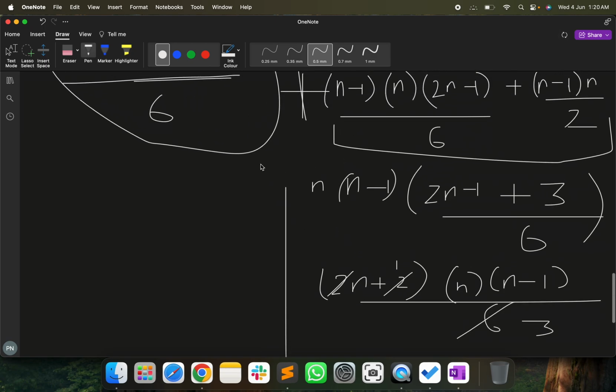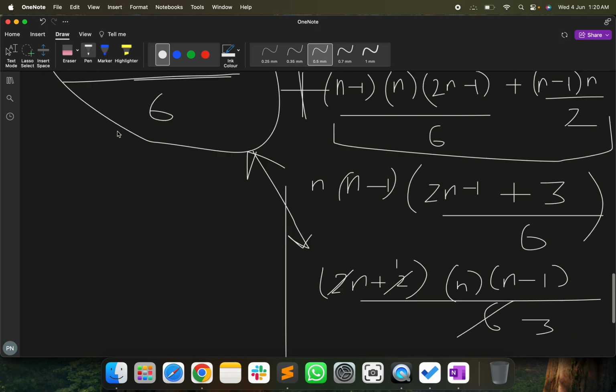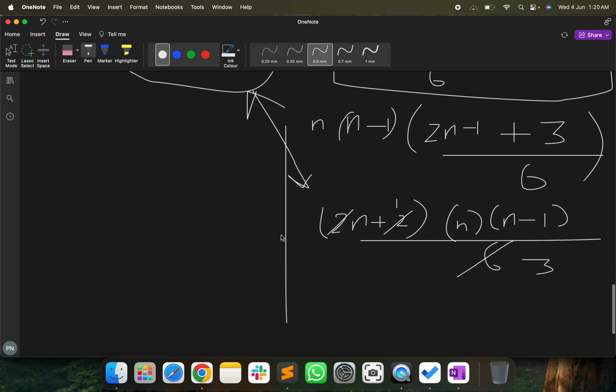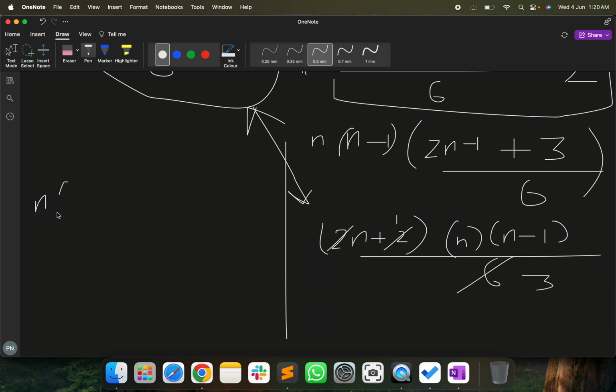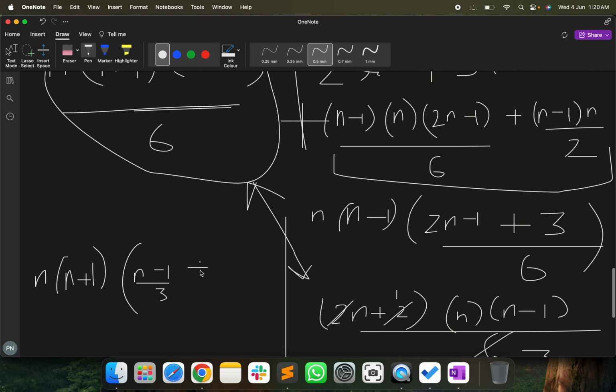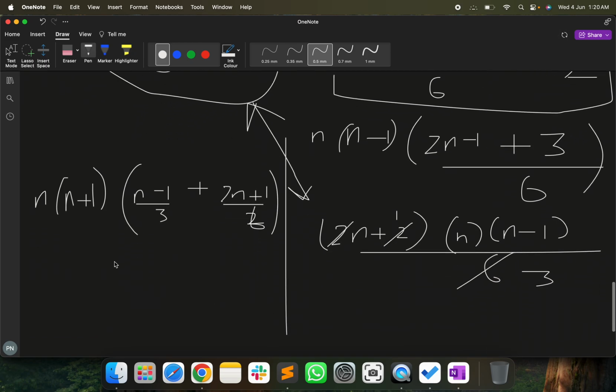Now we are going to add this with this. Here we have n into n plus 1, so we are going to take n into n plus 1 as common. What we are going to have here is n minus 1 by 3 and 2n plus 1 by 2, by 6, sorry. Now we have to solve this.